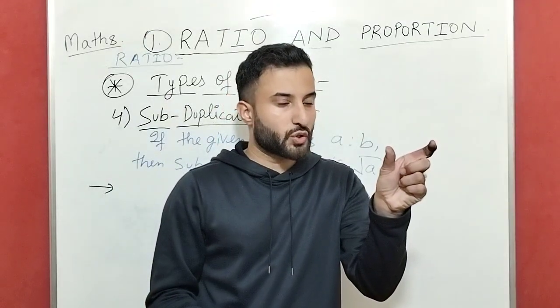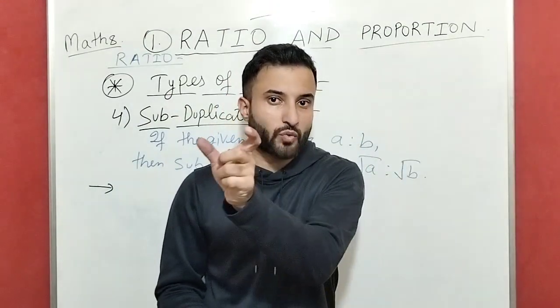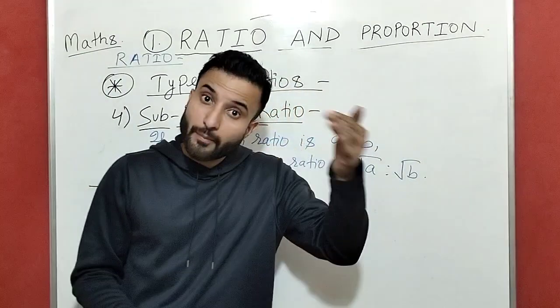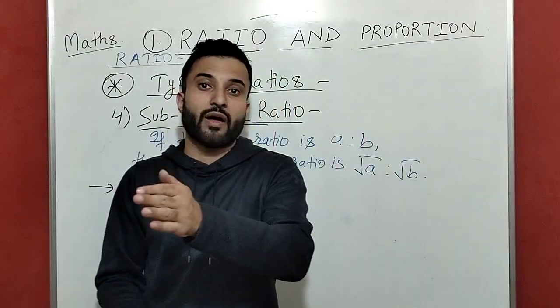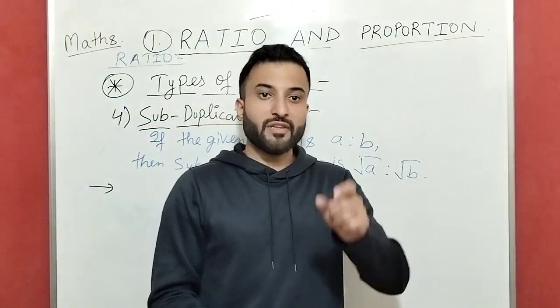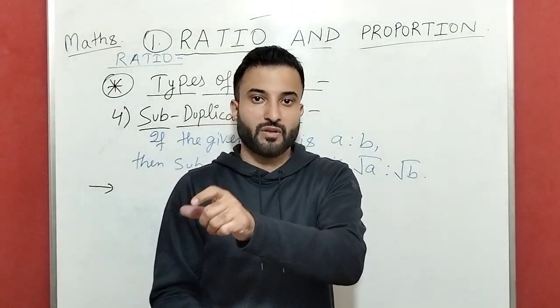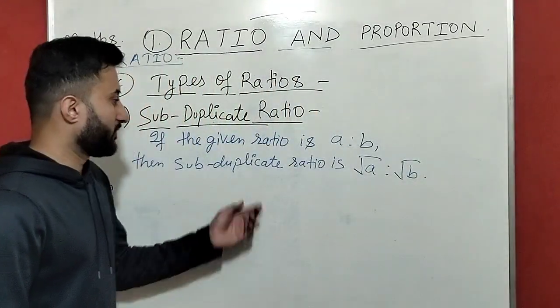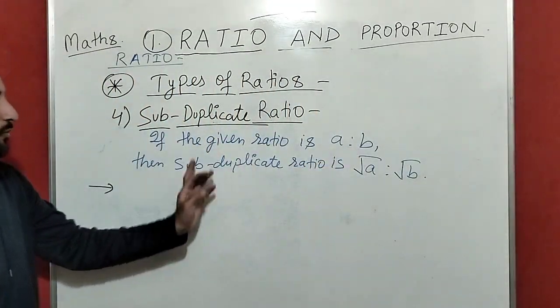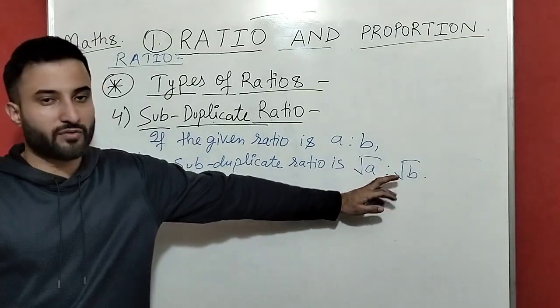A:B is the given ratio. Duplicate means A square is to B square. So sub duplicate ratio means we have to do the square root. Duplicate means square of the ratio. Sub duplicate means square root of that ratio. If the ratio is A:B, sub duplicate ratio is square root of A to square root of B.